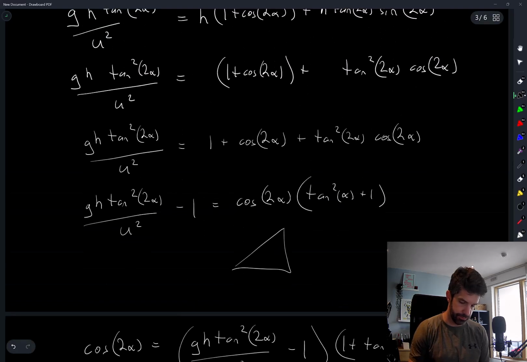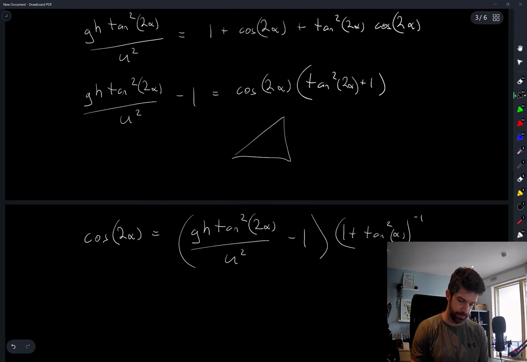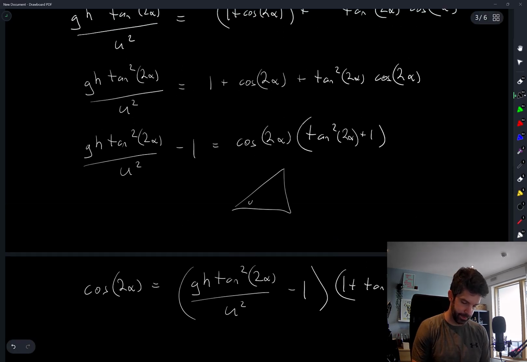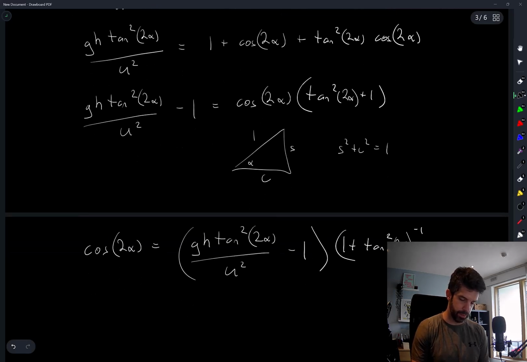Sorry, this should be 2 alpha. Not that it really makes much difference. That's alpha sine cos. s squared plus c squared equals 1, divided by cosine, tan squared plus 1 is equal to secant squared.